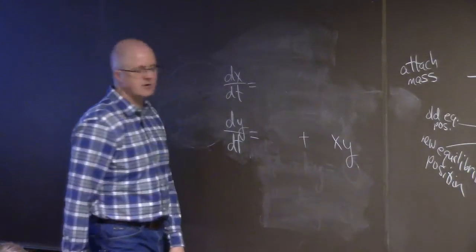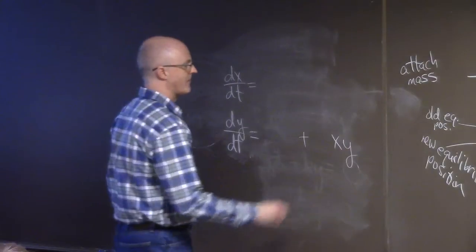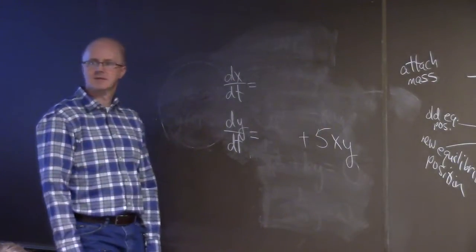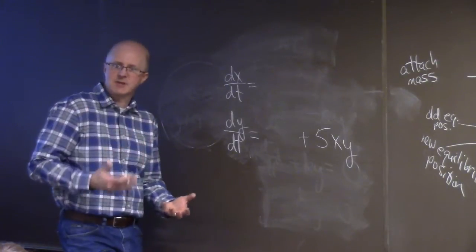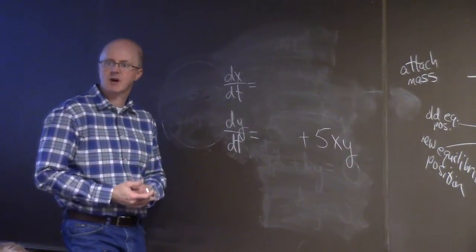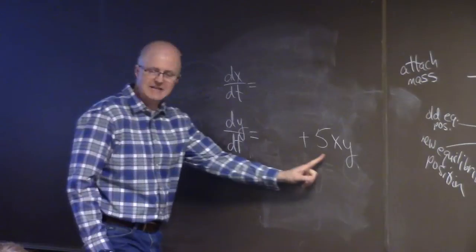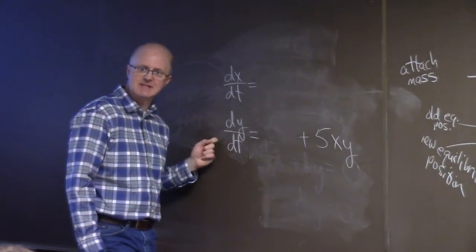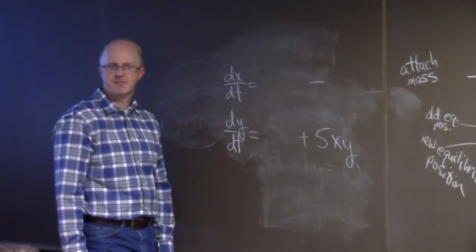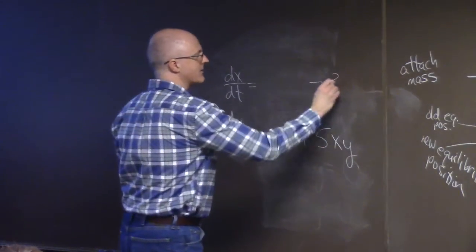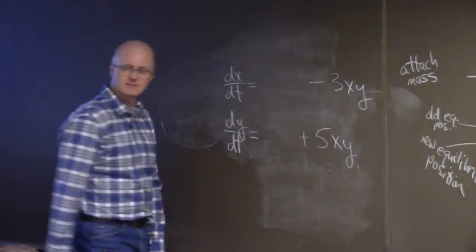There needs to be some sort of coefficient there. Make something up. It's a measure of how beneficial predator-prey interactions are to the predator. But the fact that that's positive means this is the predator. With the prey, it's going to be a negative interaction. Maybe -3 times X times Y over there.